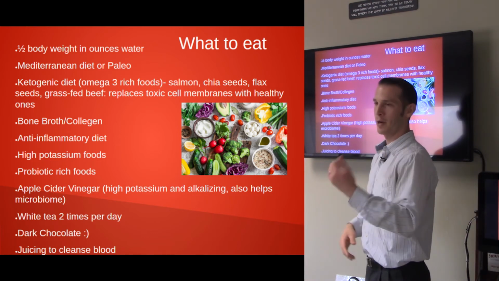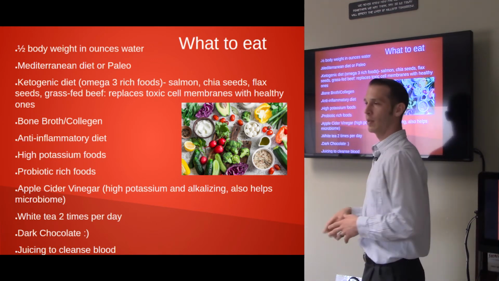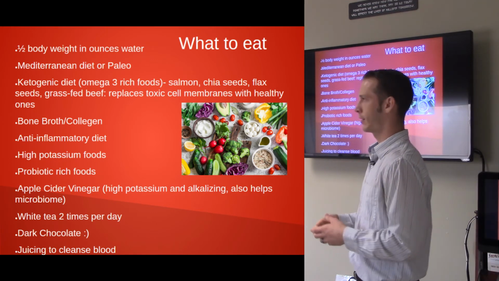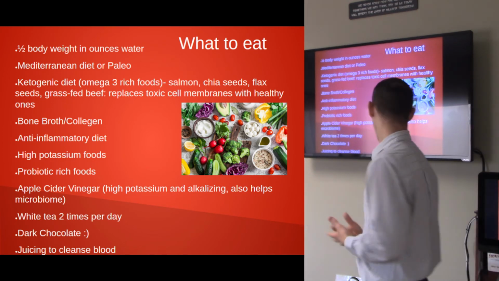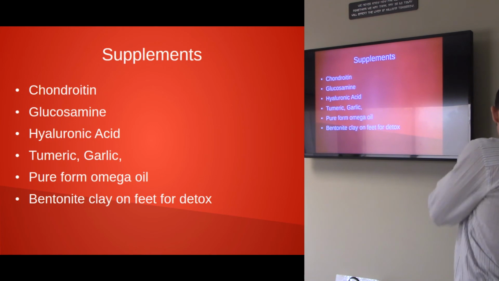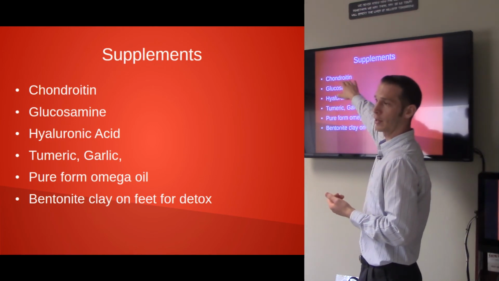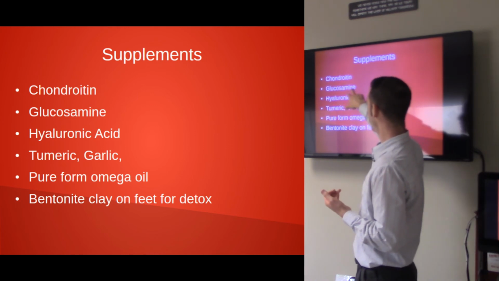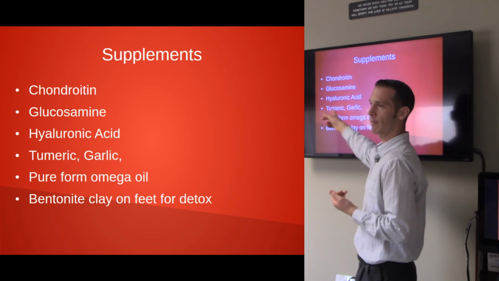Dark chocolate, I just put that in there because everybody likes dark chocolate. I love dark chocolate. Juicing, cleanse the blood, right? So things like your traditional vegetable juices, get plenty of that inside of your diet. It's fantastic for it. Some simple supplements that people could take: chondroitin sulfate, glucosamine, high hyaluronic acid supplements. You could do turmeric and garlic for anti-inflammation.